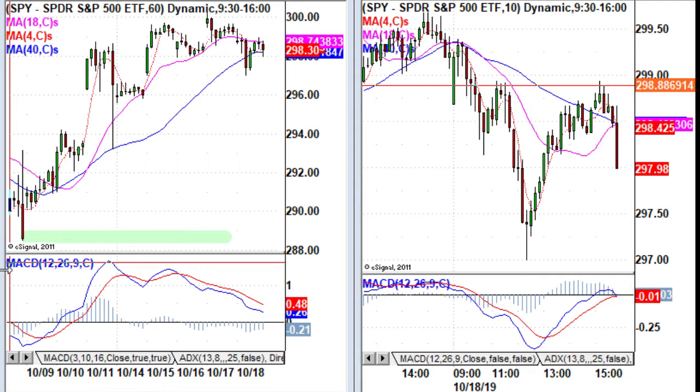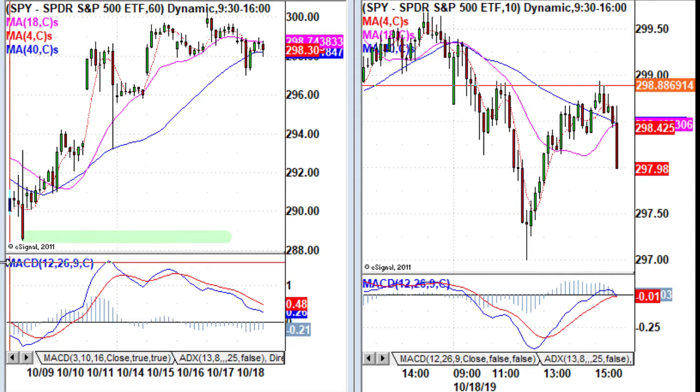And what you end up doing is taking a lot of losses. They're going to be small losses, but you're going to take a lot of losses if you're not focused on the higher time frame. So always get your trades off the higher time frame. And in a lot of ways, you don't even want to look at the lower time frame until you've decided on the higher time frame that you have a setup in place.